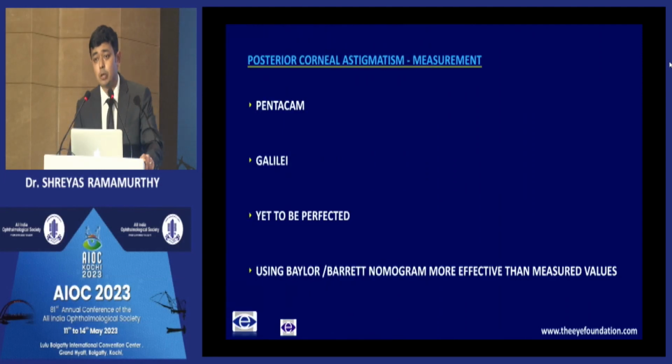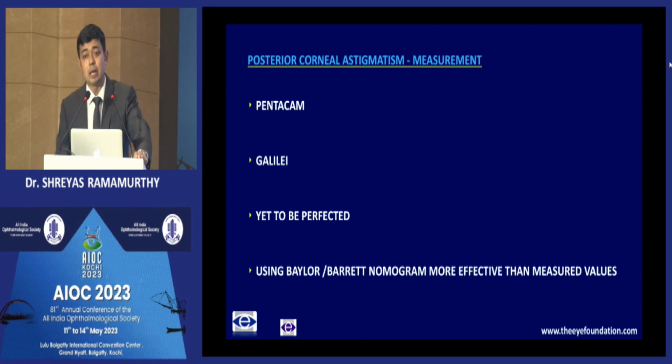There has been an argument on whether you can take the measured value versus a value which is mathematically already available on the online calculators. And it was earlier shown that the mathematical values were superior to the measured values taken from any of these Scheimpflug devices like Pentacam, Galilei, which also give you posterior corneal astigmatism. This is primarily because the values taken from these measurements are not directly suited for the formulae which we are using.